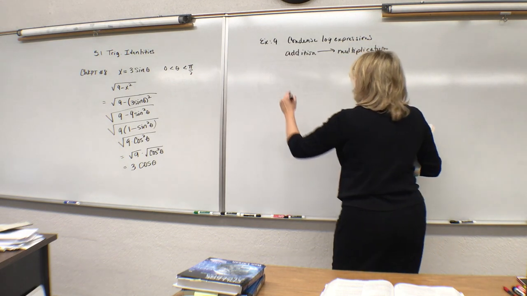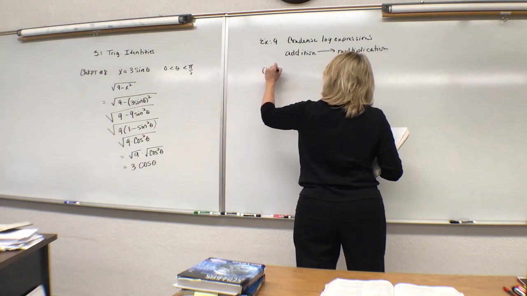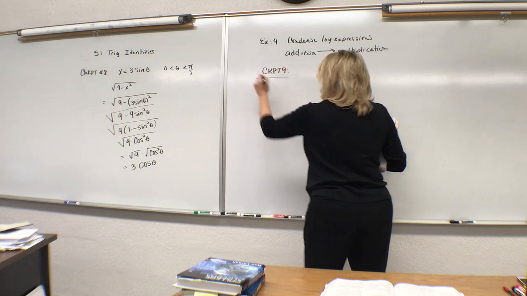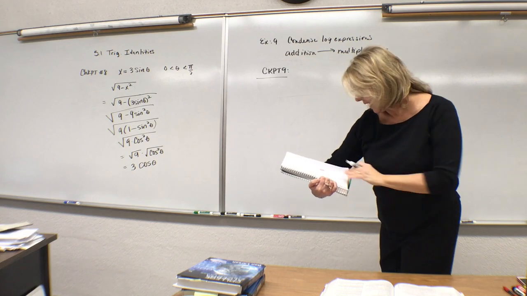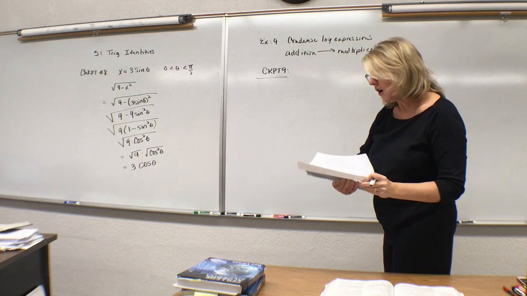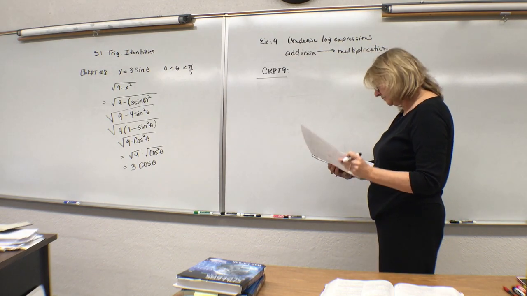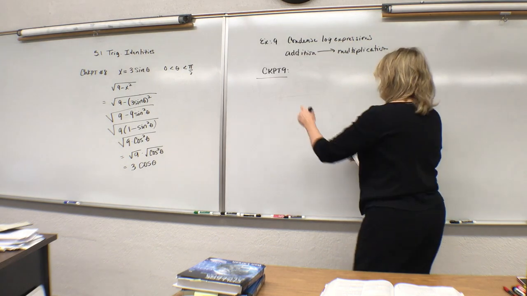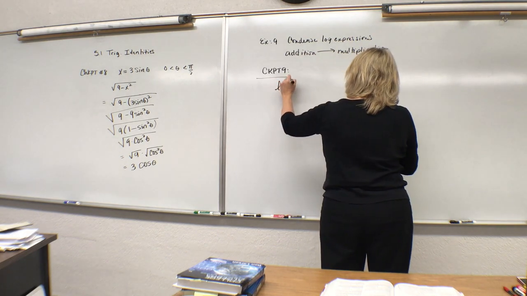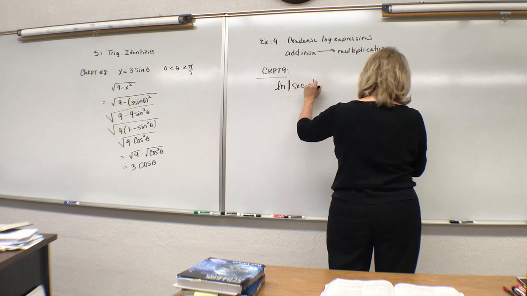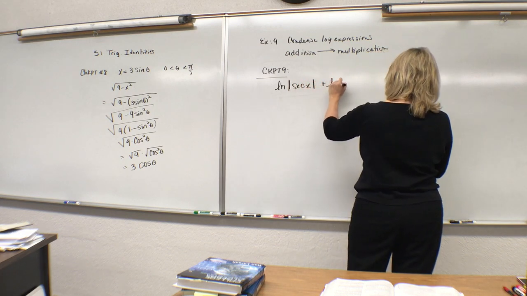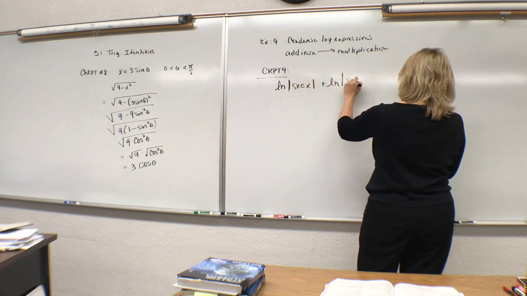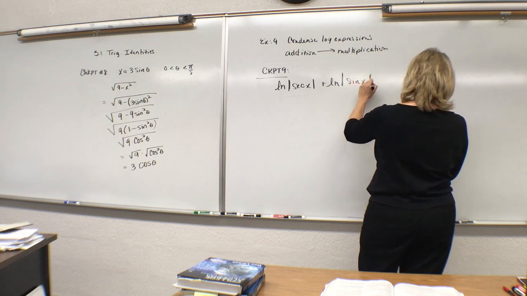So the checkpoint for number 9 suggests that we have the natural log this time, working with the natural log of secant in absolute value, plus the natural log of the sine.